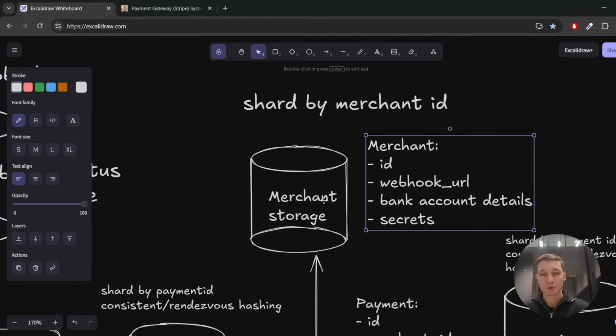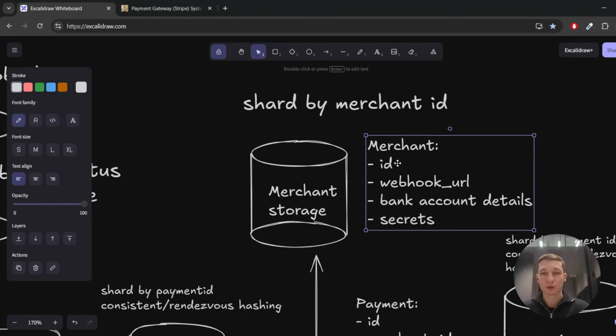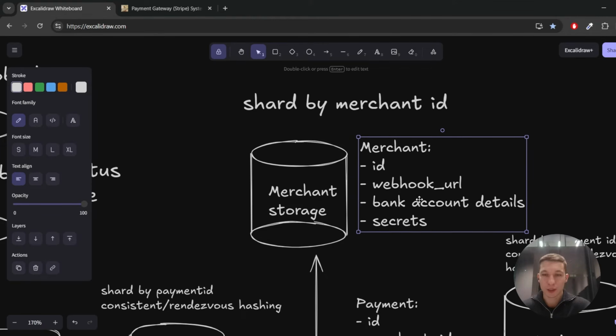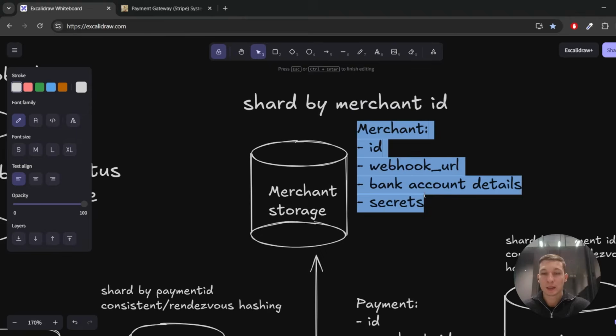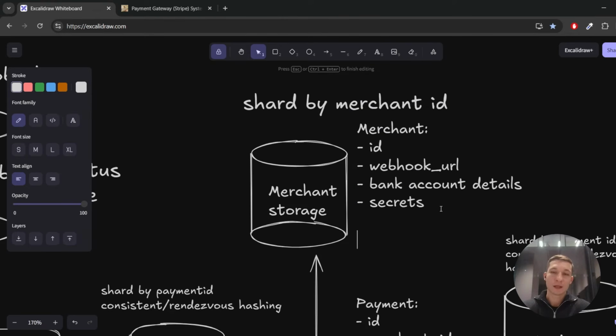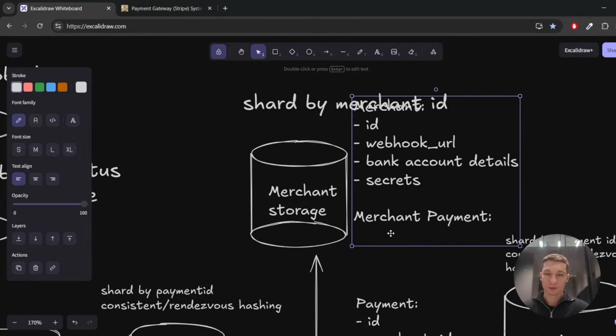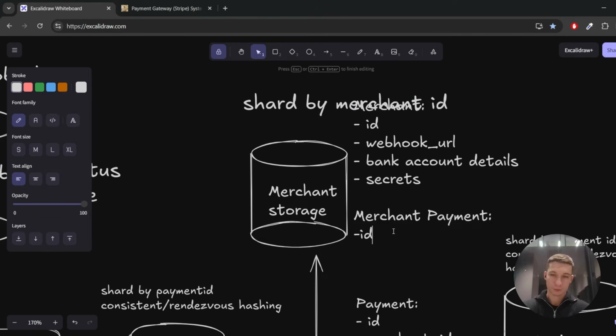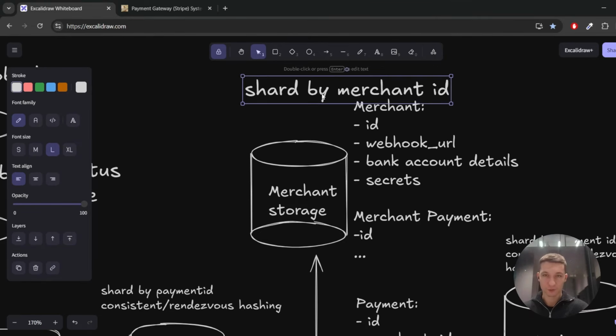Because for this storage we want to find all merchant related information by its ID, and of course it's going to be merchant ID. If we are using derived data, we can have something like merchant payment, which is basically just a simplified version of our payment object, with ID and stuff like that. This is for the dashboard only.